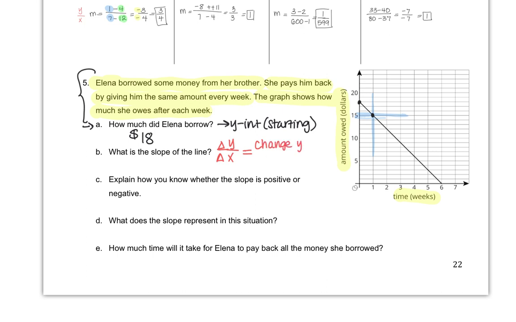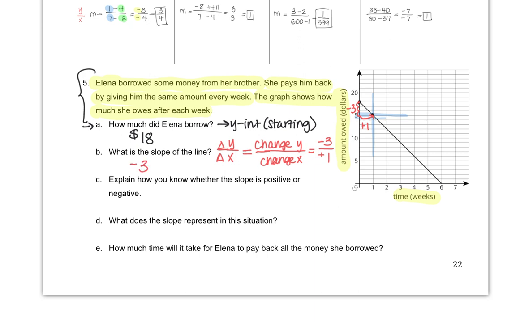So change in y over the change in x. So if we start at this first point here, we're going down 1, 2, 3. So that is a negative 3 change because we went down, and then we went over 1. Okay, so our change in y was negative 3 and our change in x was a plus 1, which gives me a slope of negative 3.